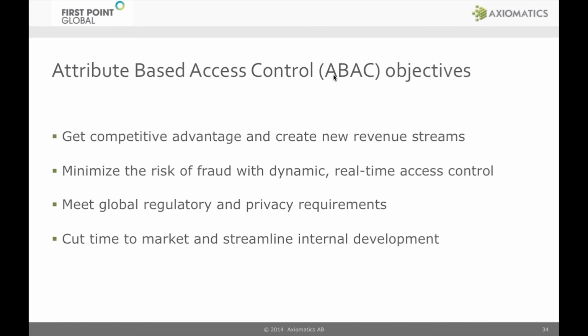We also looked at the opportunity or the goal of minimizing risk, being able to have that real-time and dynamic access control, going away from things like least privilege to what I call exact privilege.